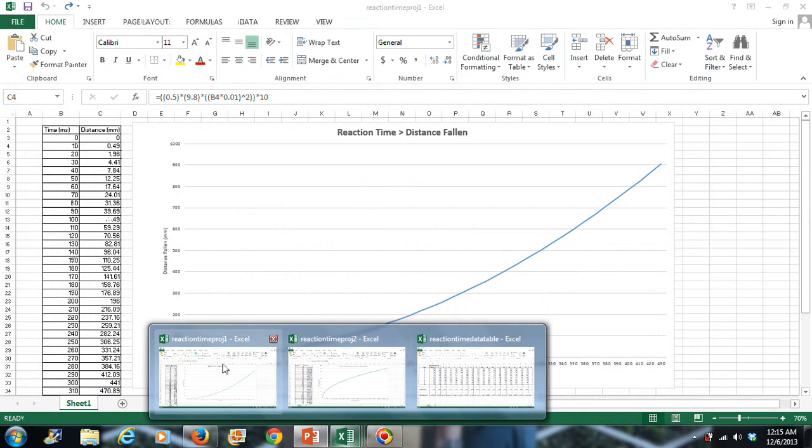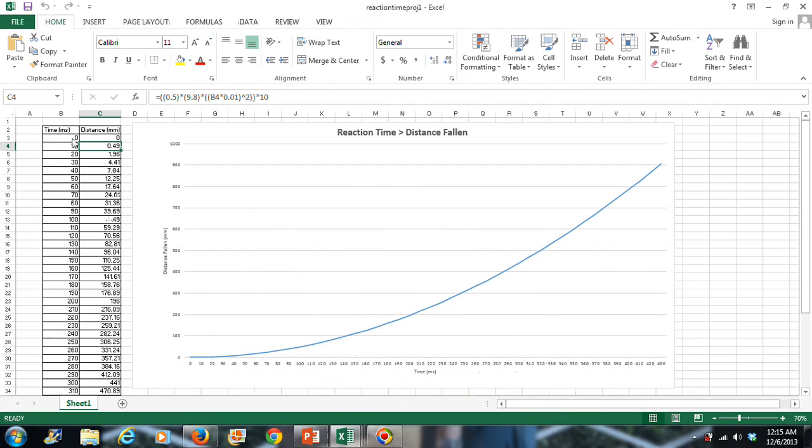And you can see this in my Excel chart here, where we have a table. Time in milliseconds is just starting from 0, and we go up by increments of 10 milliseconds. And at 0, the distance is 0. And here you can see we have the equation for the distance related to the time.